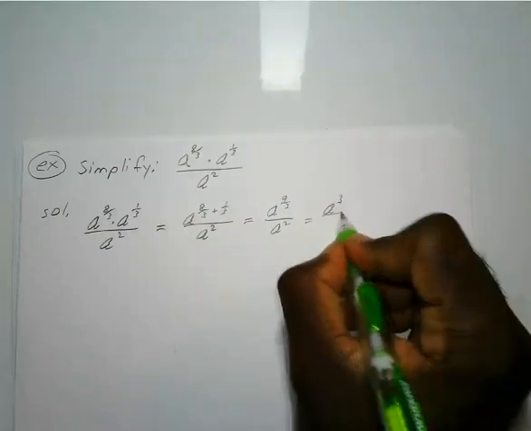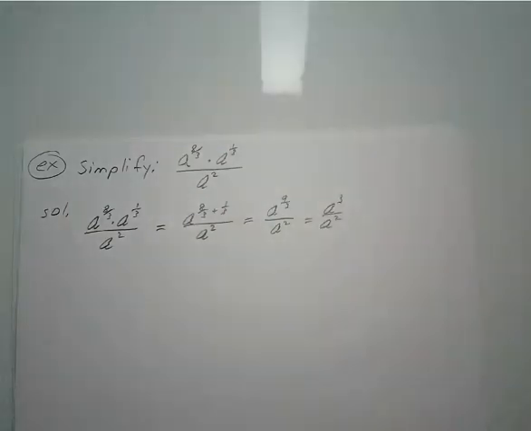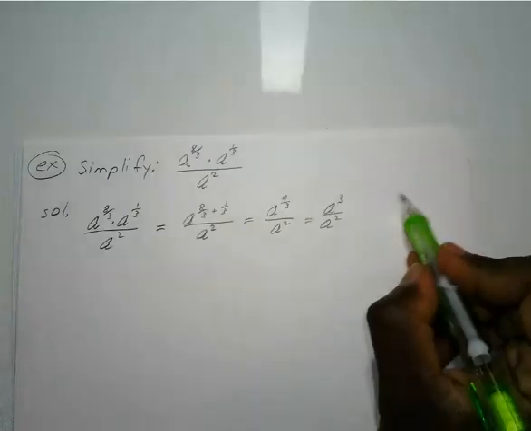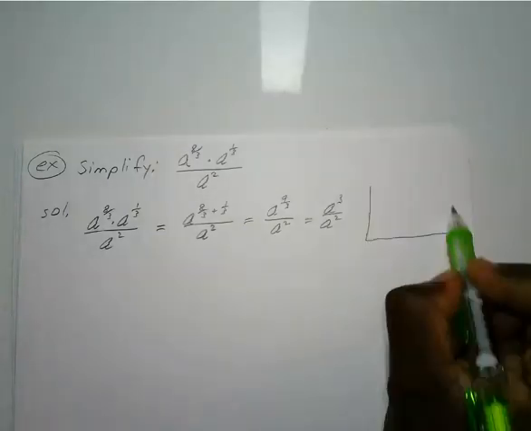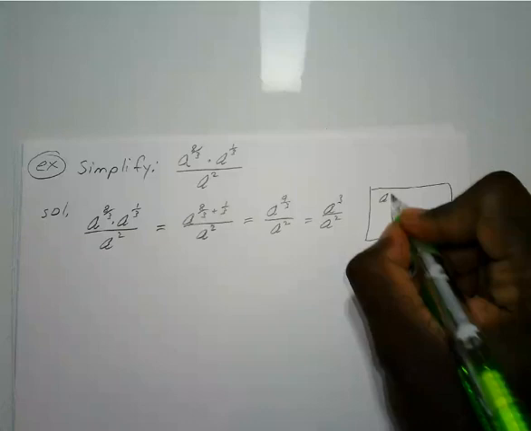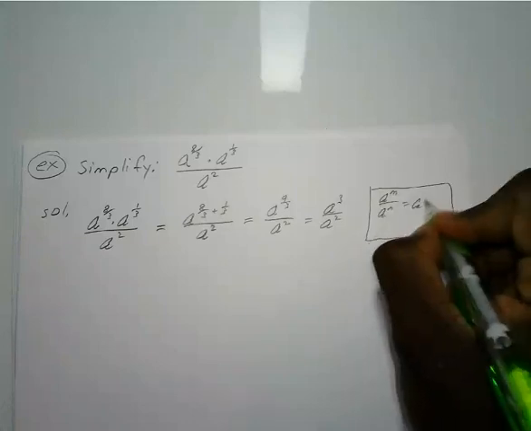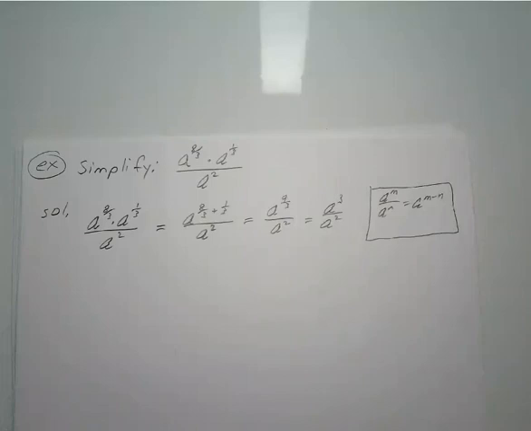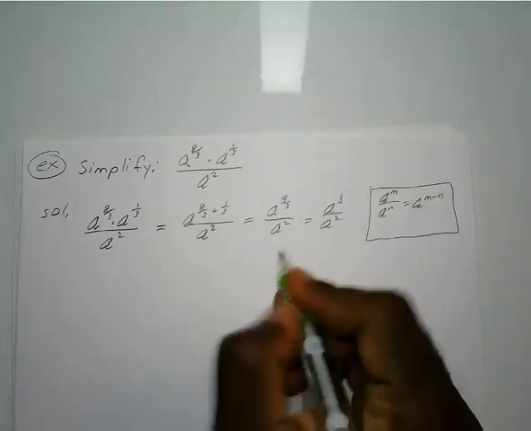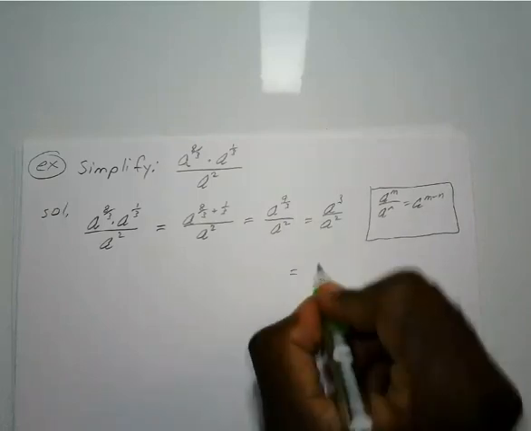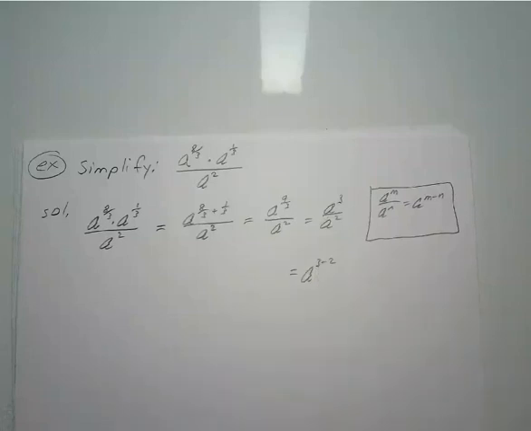Okay, so if you remember, a to the m over a to the n equals a to the m minus n power. So that means this would just become a to the 3 minus 2 power, which is just a to the 1st power, or just a.